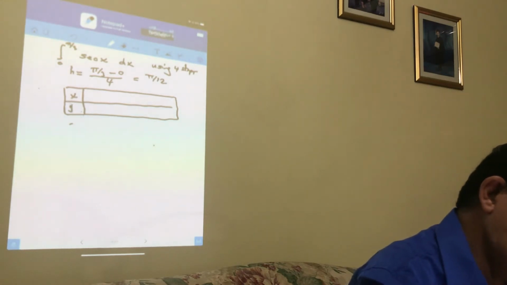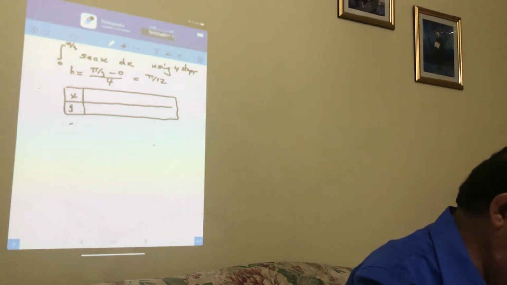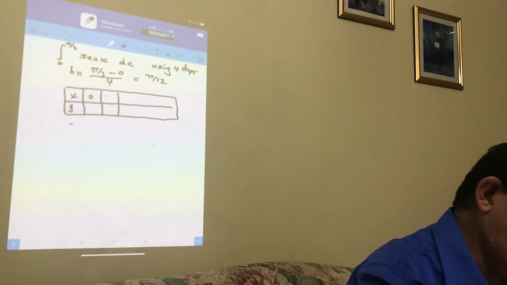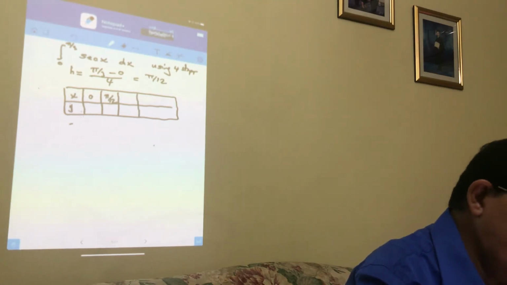Now, we start with the value of x equal to 0. Then the next value is 0 plus pi over 12, pi over 12. Then the next value is 2 pi over 12, which means pi over 6. The next is 3 pi over 12, which means pi over 4.